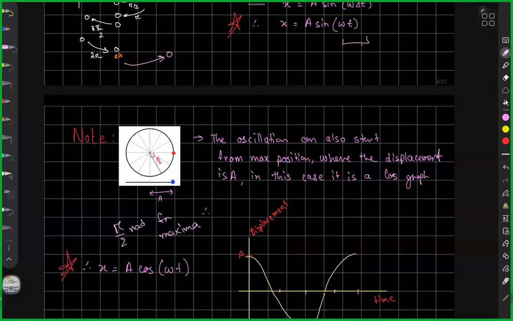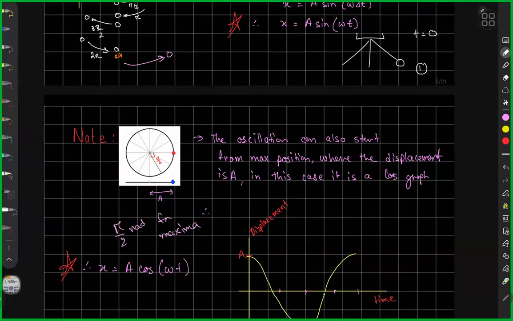Okay, so I'll just draw this. Let's say my bob starts oscillating from this position, position 1. It is already at a maximum, no? So I've pulled it, and now I start my t equals 0 at this position 1.